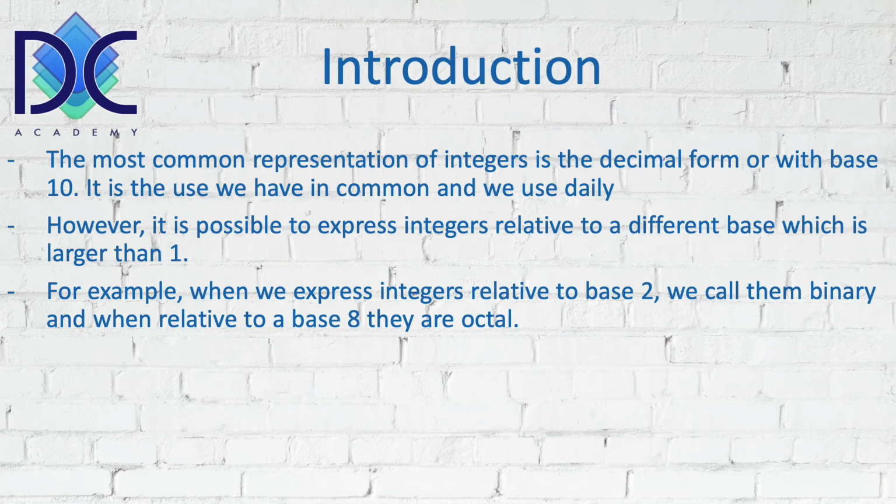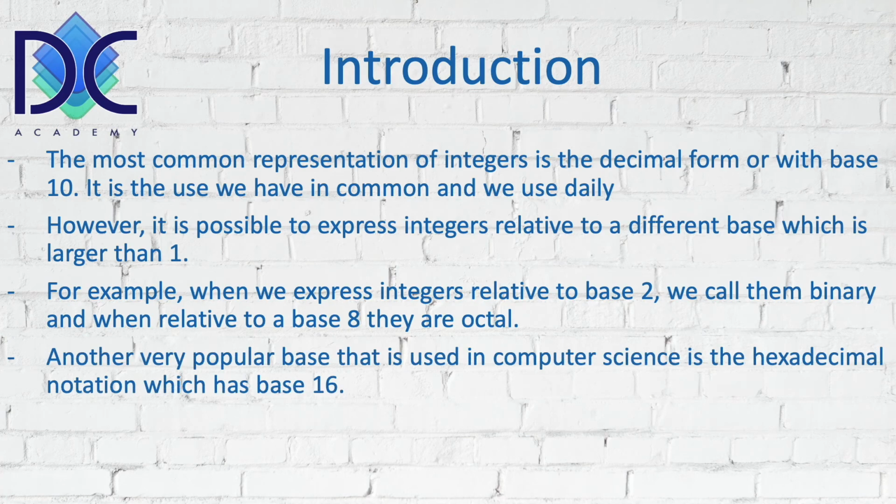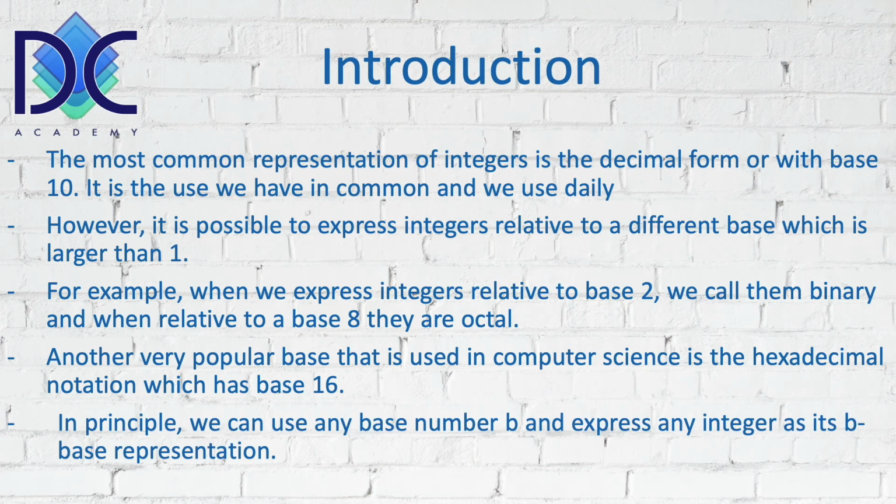Typically, we know the binary representation, which is using the base 2. We also talk about a base 8 when we refer to octal representations. Now, one of the representations that is used a lot in computer science is the hexadecimal notation, which has a base equal to 16.